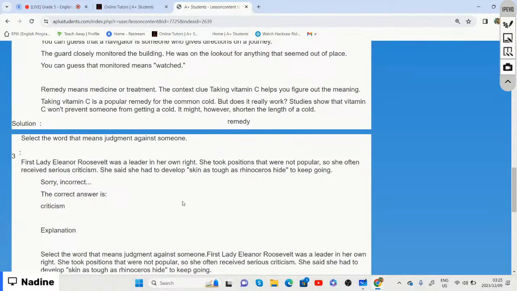If we look at the words judgment against someone, I think judgment against someone is criticism. So judgment has to do with criticism.